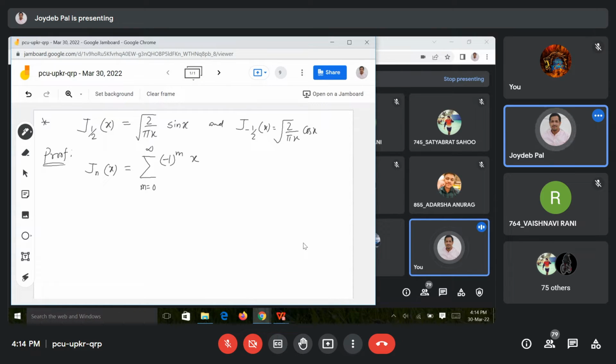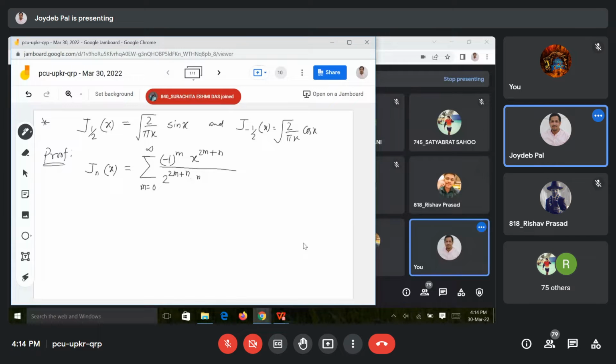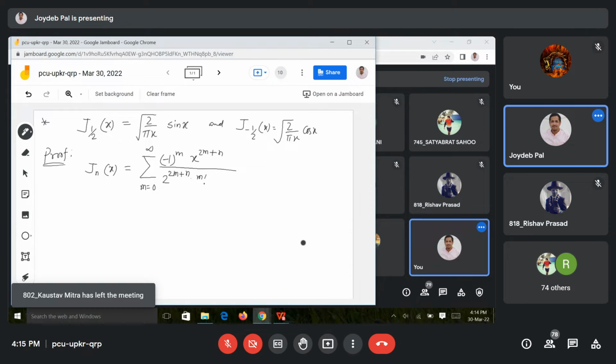It is minus 1 to the power m, x to the power 2m plus nu, divided by 2 to the power 2m plus nu, m factorial, and gamma of m plus nu plus 1.